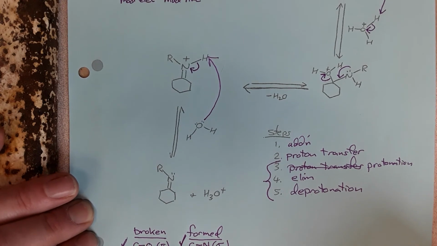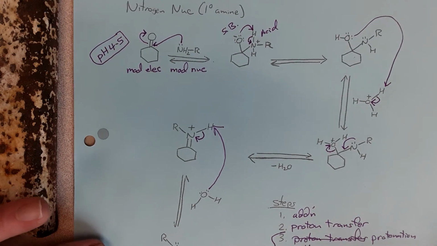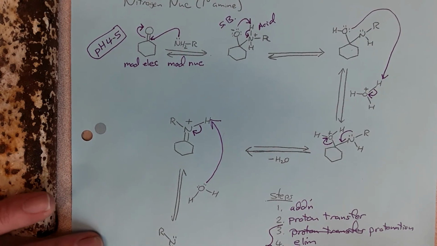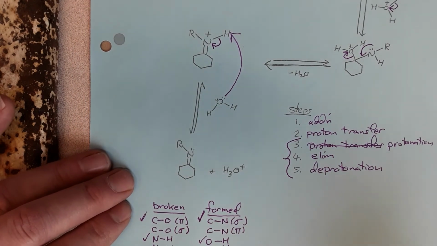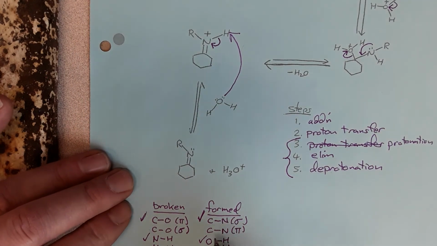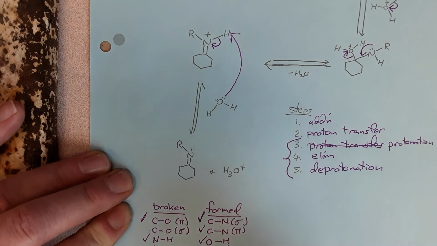So as we worked through this, for the most part, our goal was to do something, and let's check off. We made everything. We formed the second CN bond here in the elimination step.